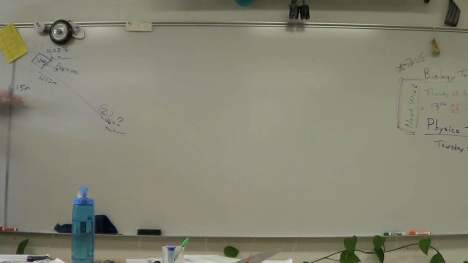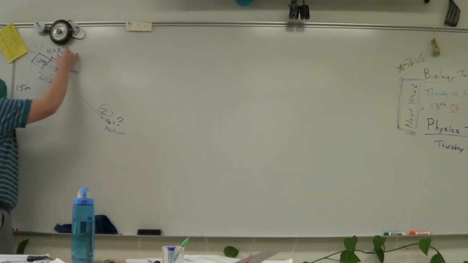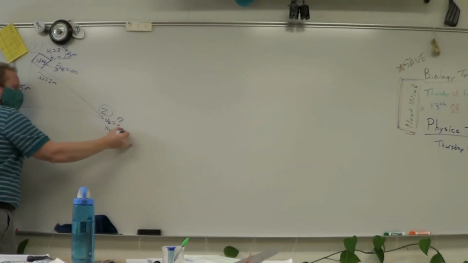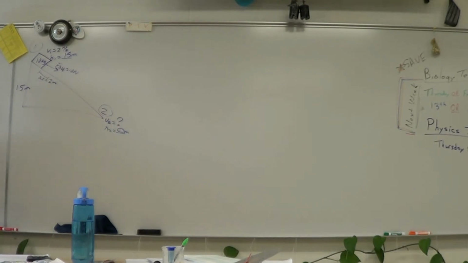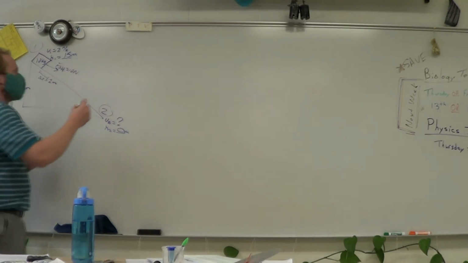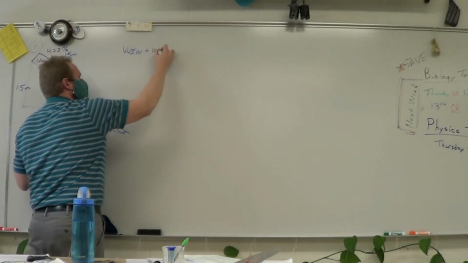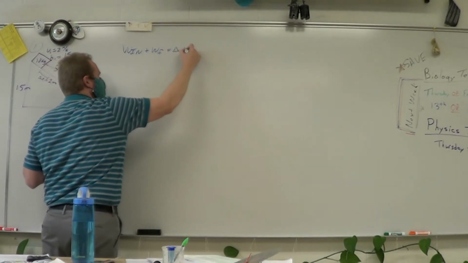So if from here to here is 15 meters, that'd make it really nice if we call that 15 meters, as long as we define the lowest point on the hill, or the bottom of the hill, to be 0. And if we define the bottom to be 0, then my h1 does equal 15. It's a two-location problem, so work in plus the work done by friction is equal to our change in mechanical energy.